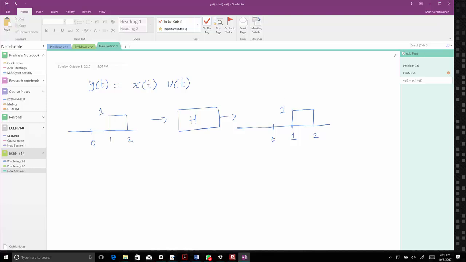Do you agree? If the system were time invariant, and I shift this signal by some amount, the output should also get shifted by the same amount. If that is true for all shifts, then we could say the system is time invariant. So if I shift the input by 1 to the right, what would happen to the output?